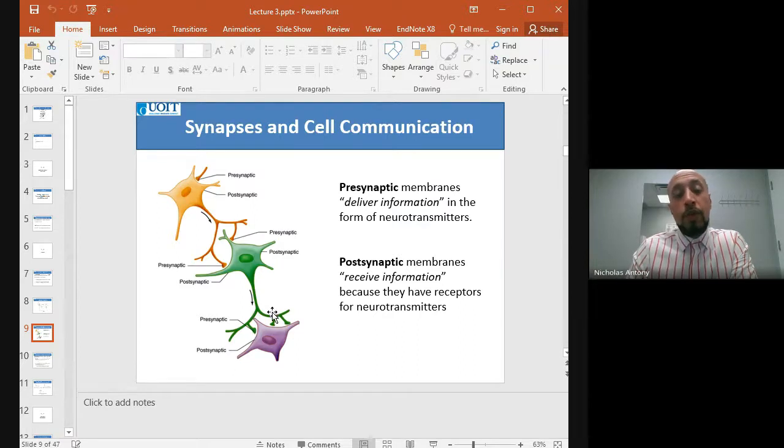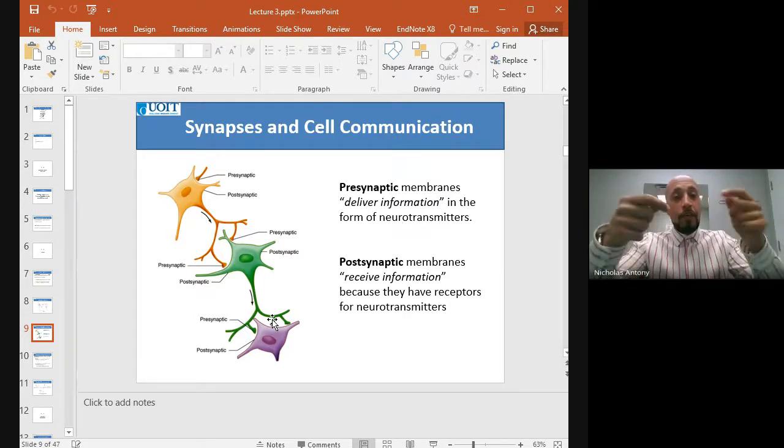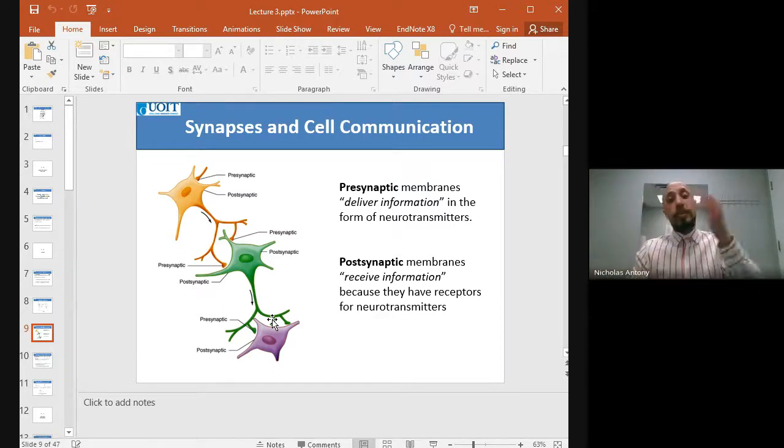The only way that it's able to send the action potential, it's not like electricity comes down from the action potential and then jumps over to the next neuron. It has to reach the end of the neuron, and then neurotransmitters have to be released and then picked up by the other neuron to continue the transmission. So this is a rate limiting step because it takes much more time than the very, very quick action potential.